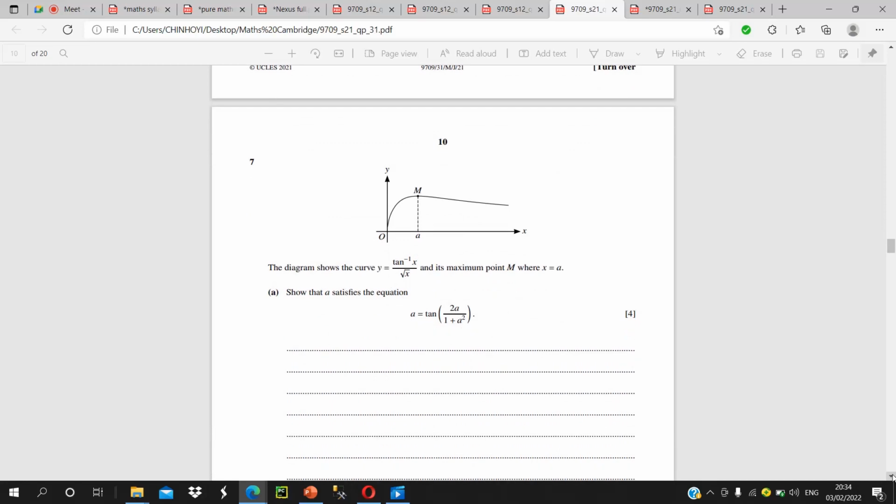As you can see, number 7 is application of differentiation, where they are saying M is the maximum point. You still remember, at a maximum point dy/dx equals 0. Using differentiation, with dy/dx equal to 0, they want you to show that a satisfies this equation.